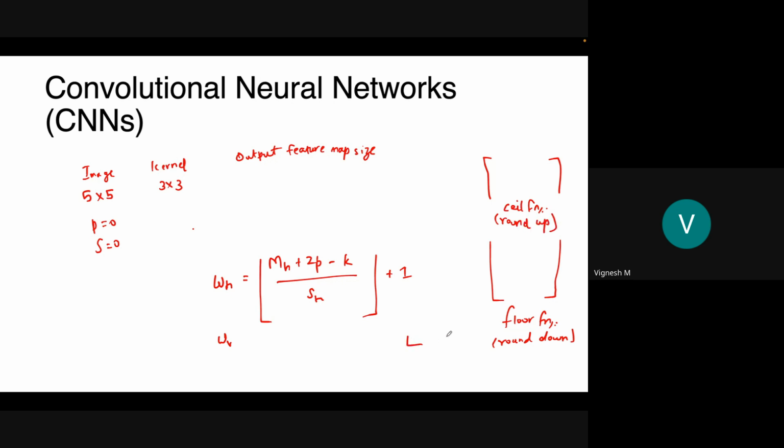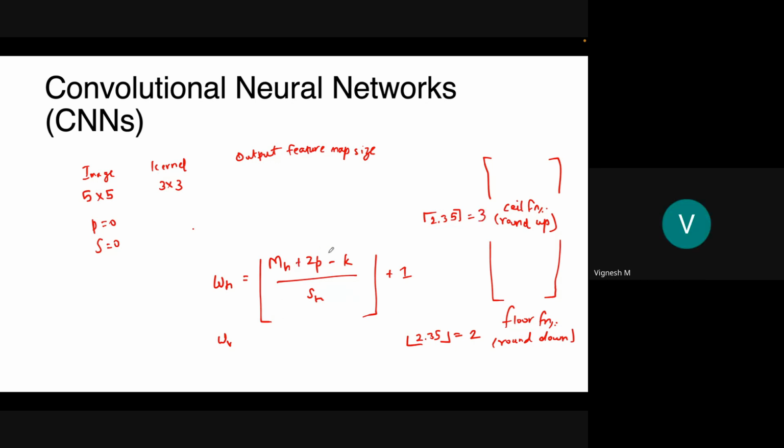So floor of 2.35 is 2, but ceil of 2.35 is 3.